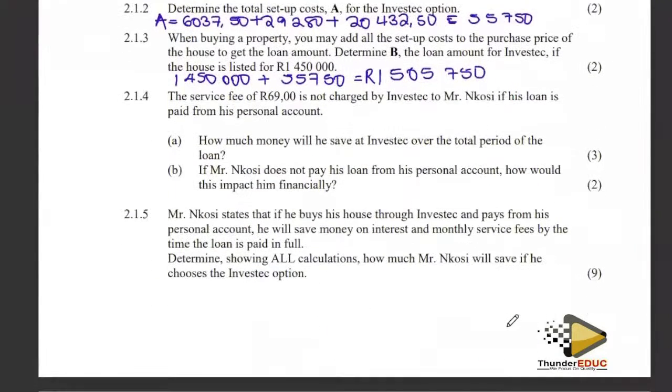All right, there we go. It says the service fee of 69 rand is not charged by Investec to Mr. Cause if his loan is paid from his personal account. How much money will be saved at Investec over the total period of time? So first and foremost, they say they won't be charging this much money. So it will be 69 times, for how long is the loan?